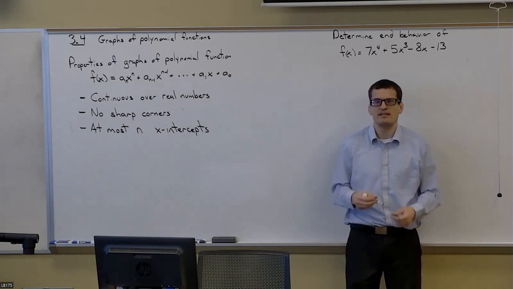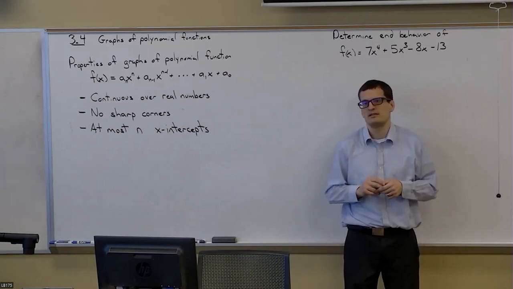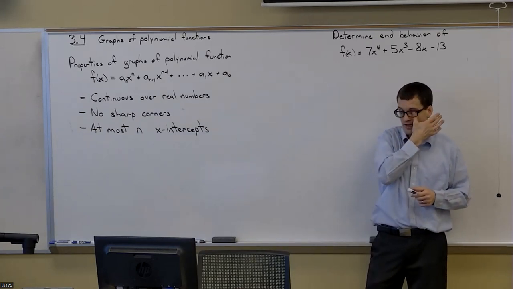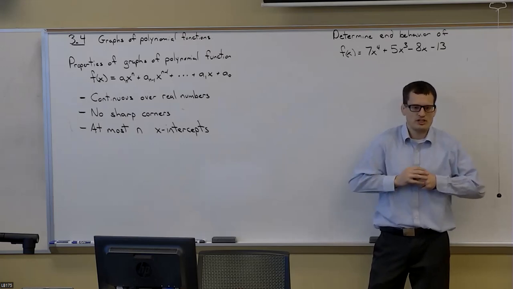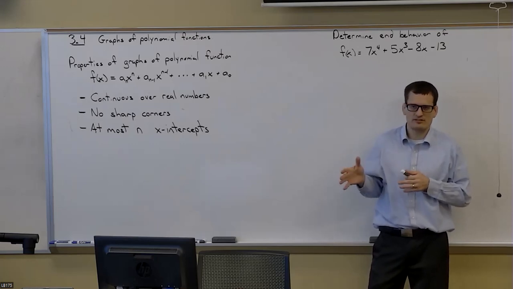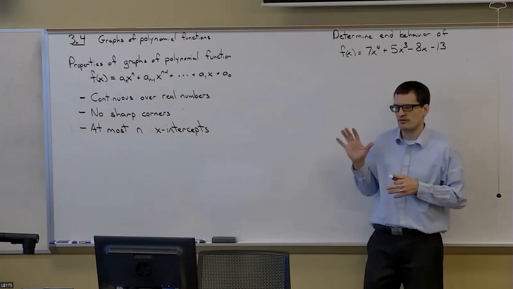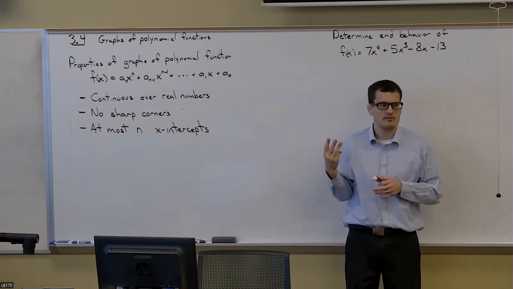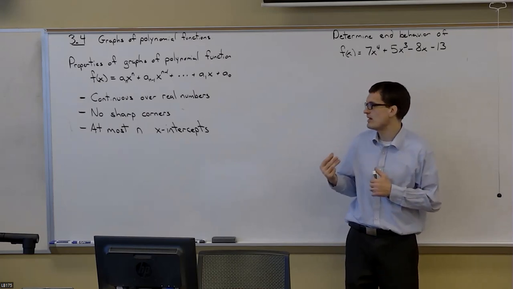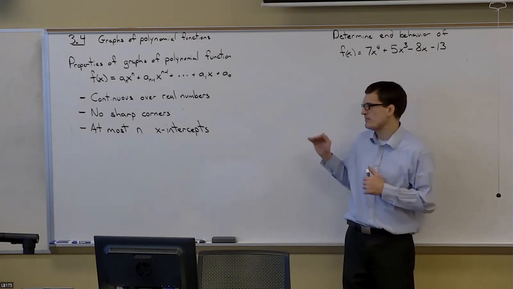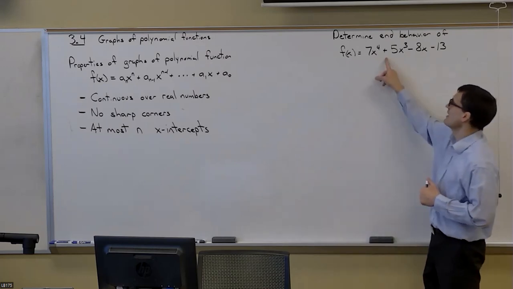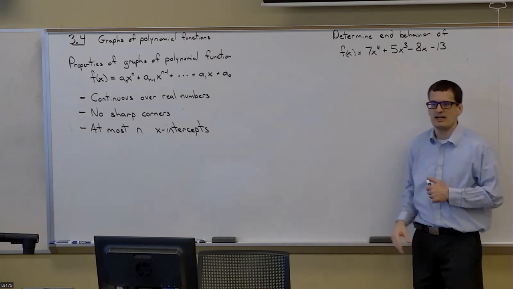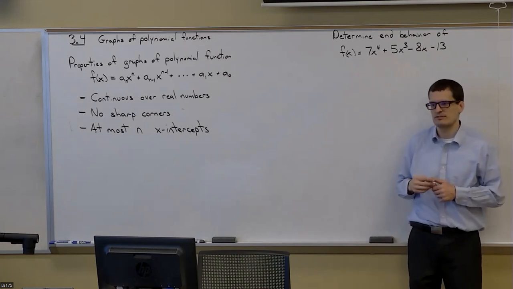You can have at most n x-intercepts if it's degree n. Now you could have fewer, right? We just saw on Desmos a polynomial function of degree 5 which had 3 x-intercepts. So there could be fewer. And the same thing here: this one was degree 4, but if you looked at that graph, there were only 2 x-intercepts.